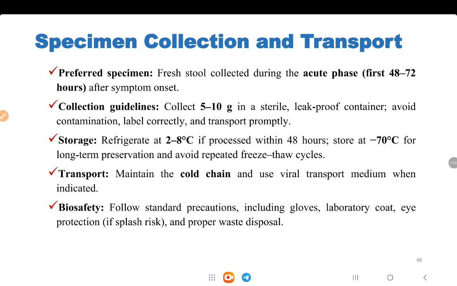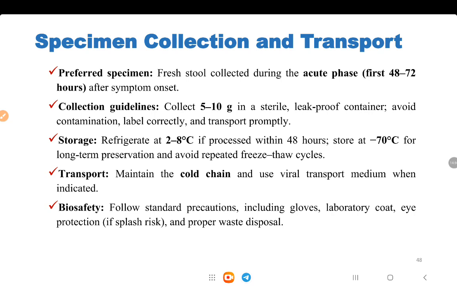Minus 70 centigrade is used for long-term preservation, avoiding repeated freeze-thaw cycles, meaning taking the sample out and putting it back in the freezer. We always maintain the cold chain during transport because the virus is very sensitive and may be killed. Use viral transport media when indicated. So if a viral infection is suspected, we use viral transport media to transport the sample.